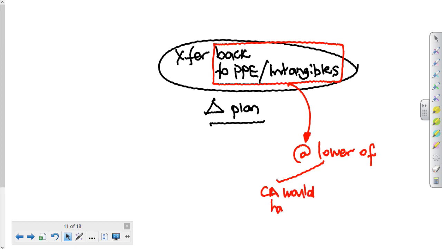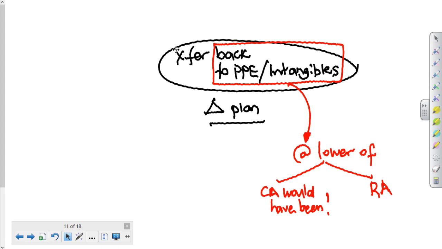You remember that when we did impairment, we had to work out what the carrying amount would have been so that we can reverse the impairment. I go back to the lower of what the carrying amount would have been or recoverable amount. That's what I go back as.